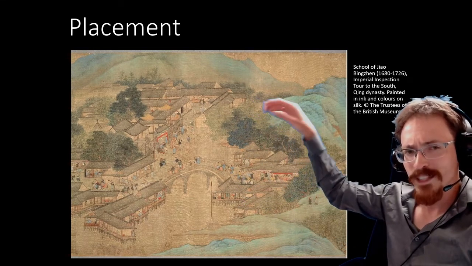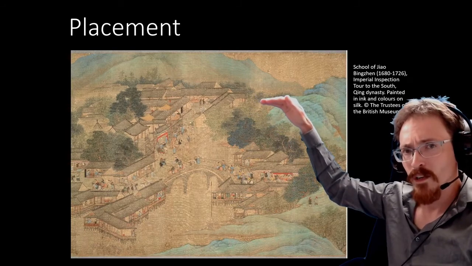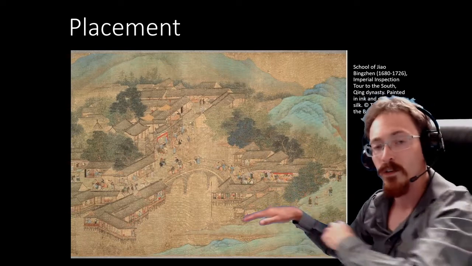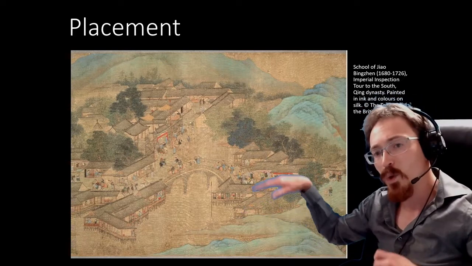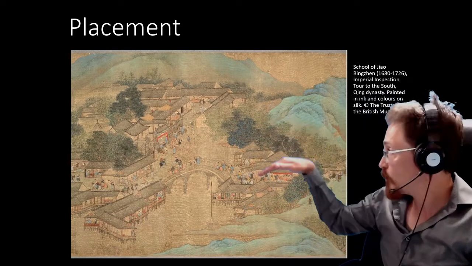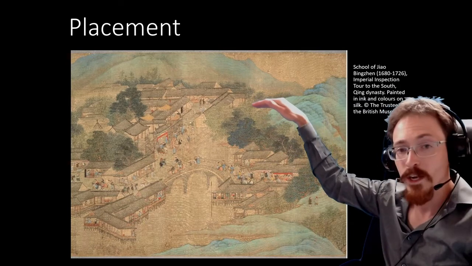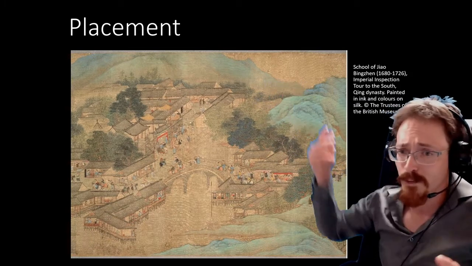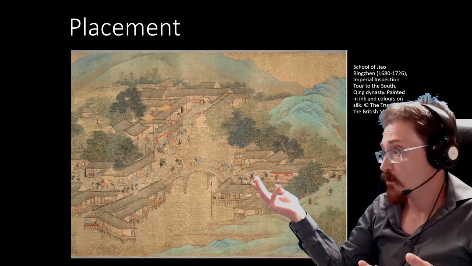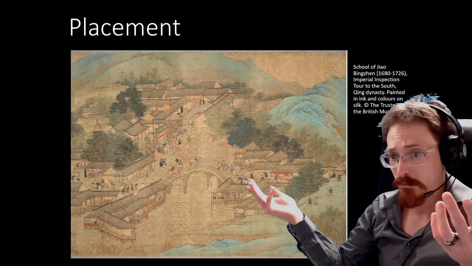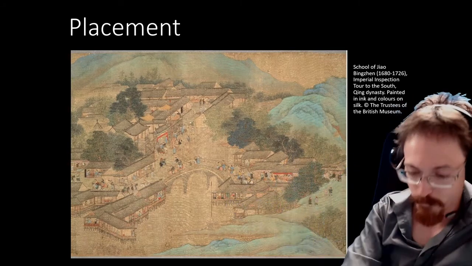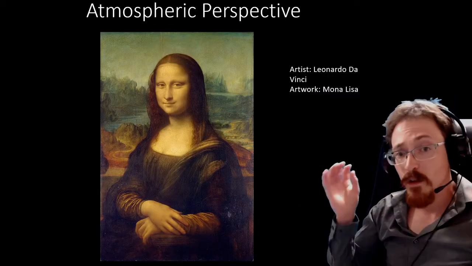The only reason that this looks like it's farther away is because they are literally stacked on top of one another. Because these look like they're further up on the plane, it gives the illusion that they're further away. In reality, if this place was real and was painted to correct size, these buildings would be stacked on top of one another. But anyway, let's go into atmospheric perspective.